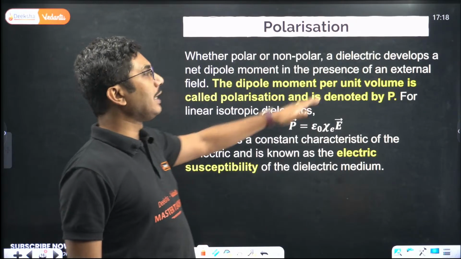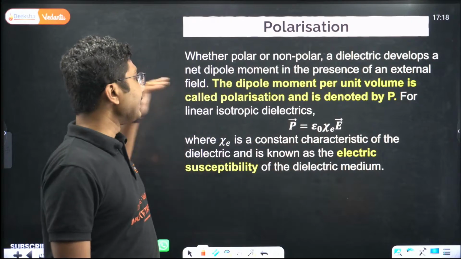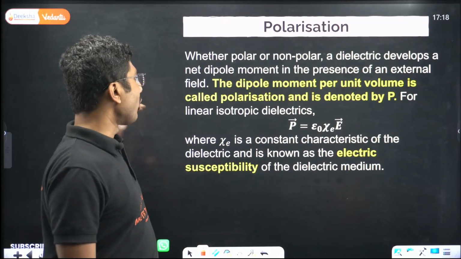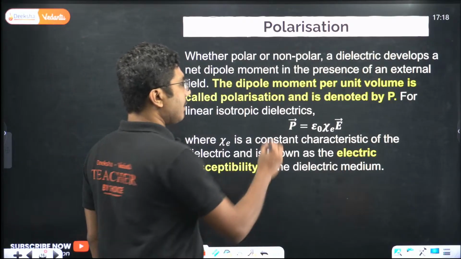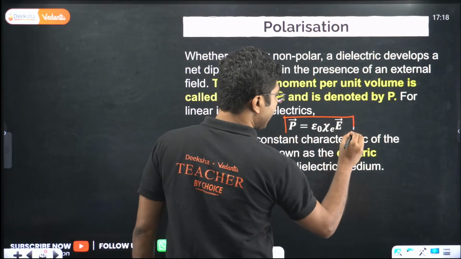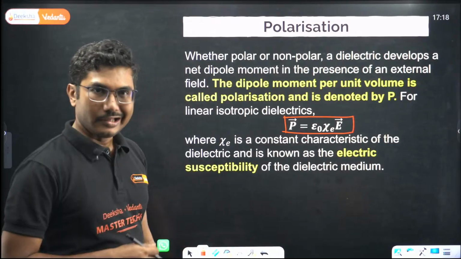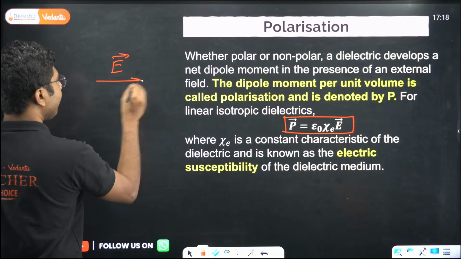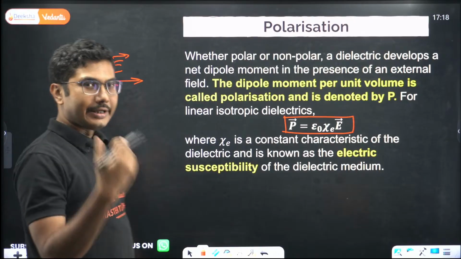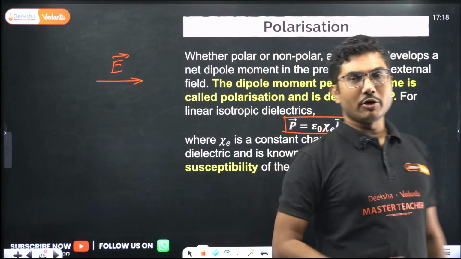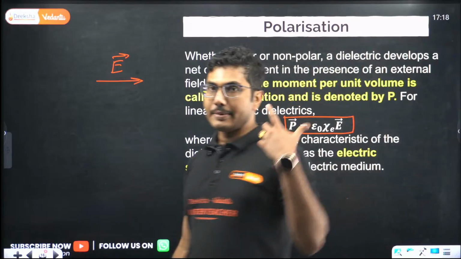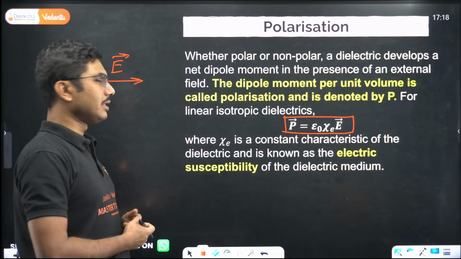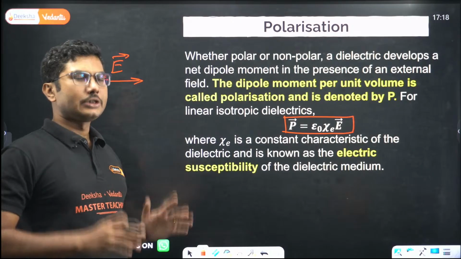The dipole moment per unit volume is called polarization and denoted by capital P. For a linear isotropic dielectric, P is given by P equals epsilon naught chi E vector. In the presence of an external electric field, polar molecules align their internal dipoles, and non-polar ones induce a dipole moment and then align it. That's why this is called polarization.